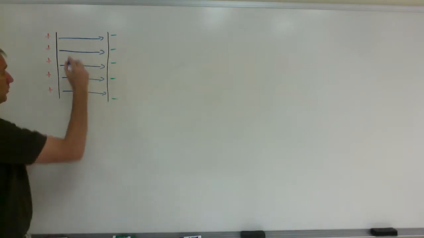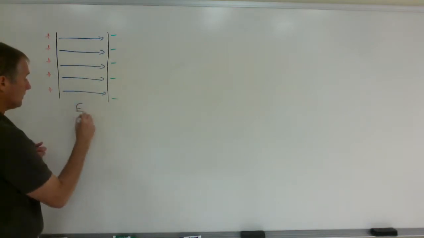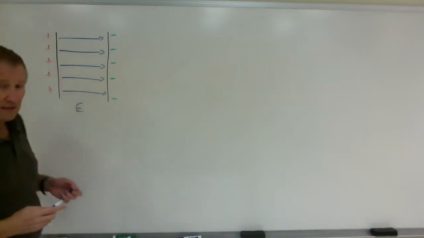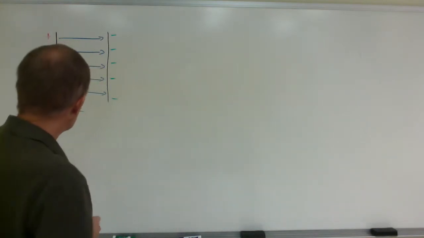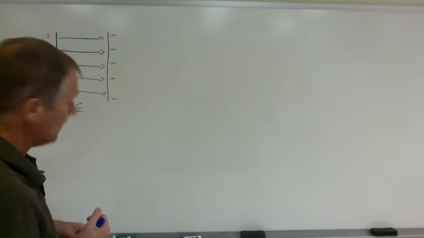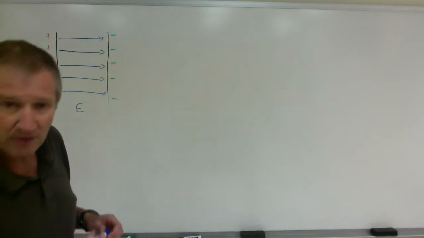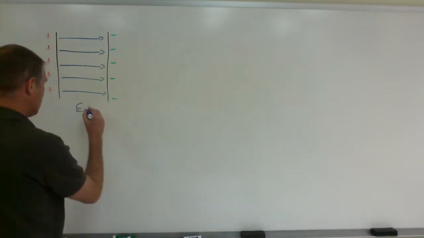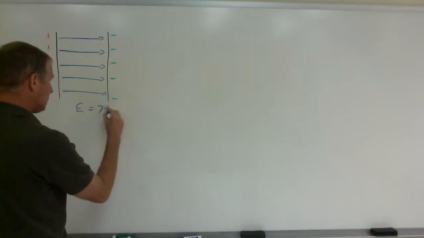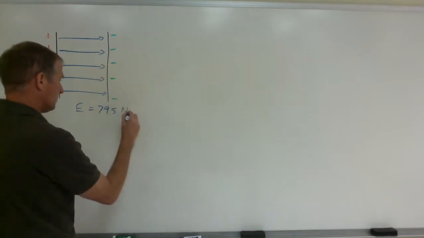That's what these represent. That's the electric field between the two plates. Uniform electric field. I am going to say that that electric field has a value or a magnitude of 795 newtons per coulomb.